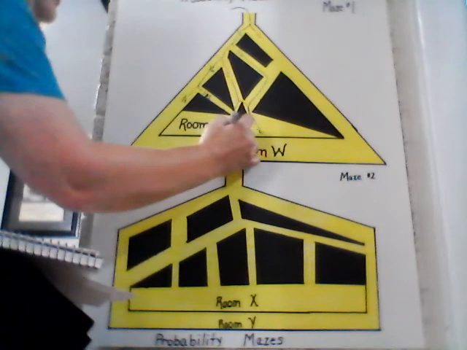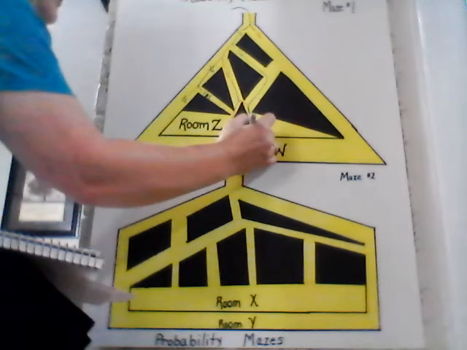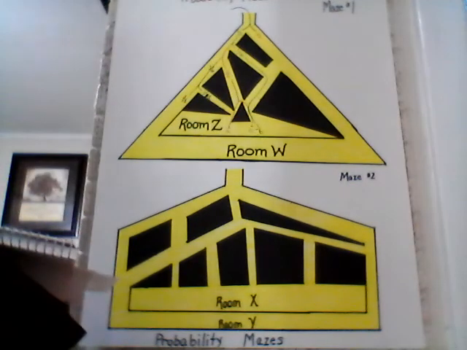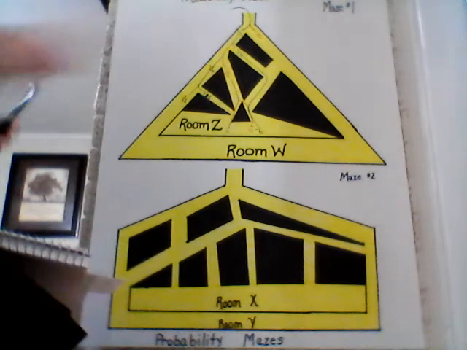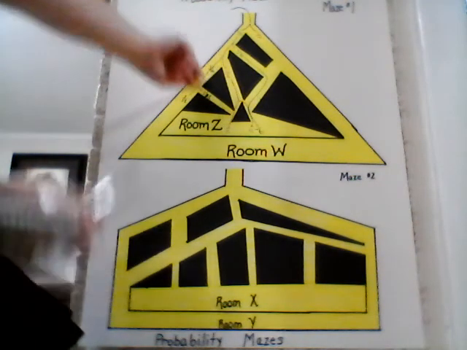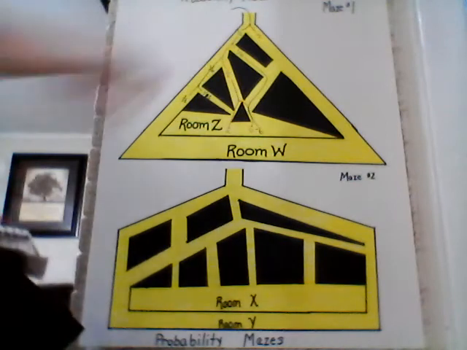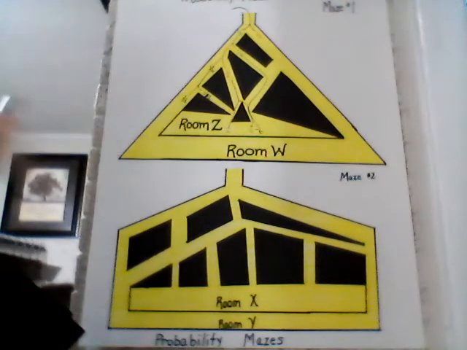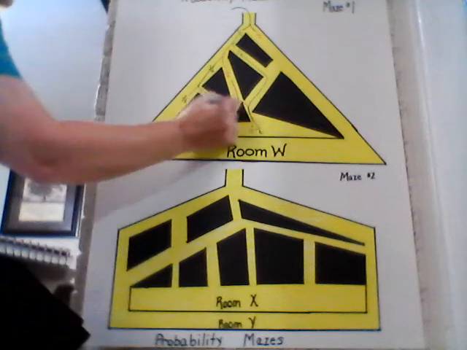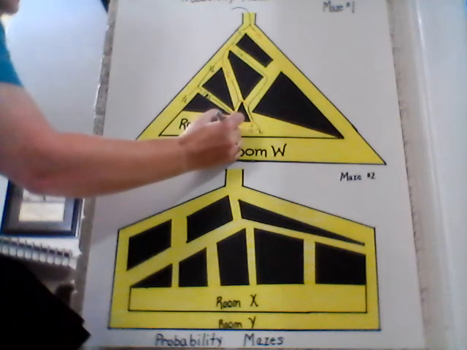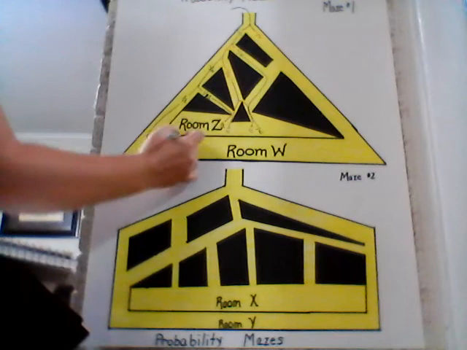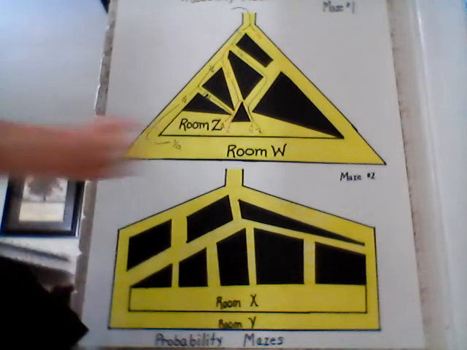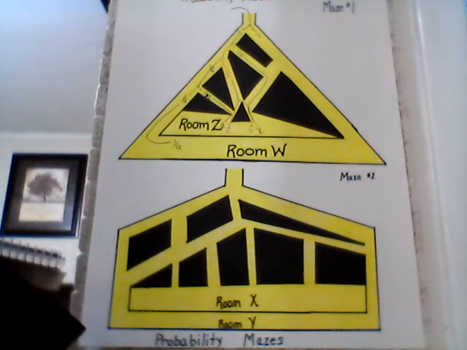Each of those pieces is going to represent a 1/12. This 1/6 that kept going straight, when it gets to here, is going to split off in 2 directions. 1/12 is going to go this direction, leaving it in room Z, and 1/12 is going to fall all the way down to room W.